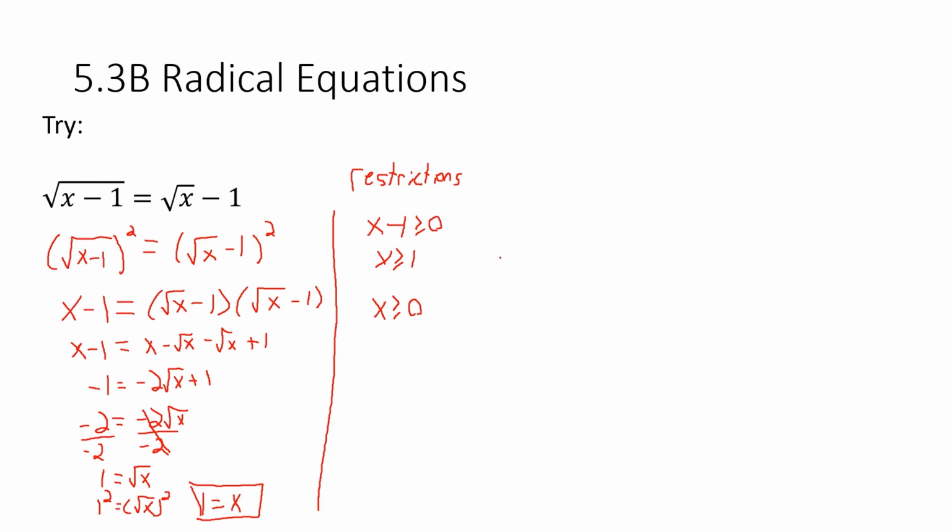So again, the one that actually matters the most here is that x has to be greater than or equal to 1, because if it was something in between this, it might satisfy this, but it wouldn't satisfy this one. So this is the important value. Now let's verify, make sure that all works out.